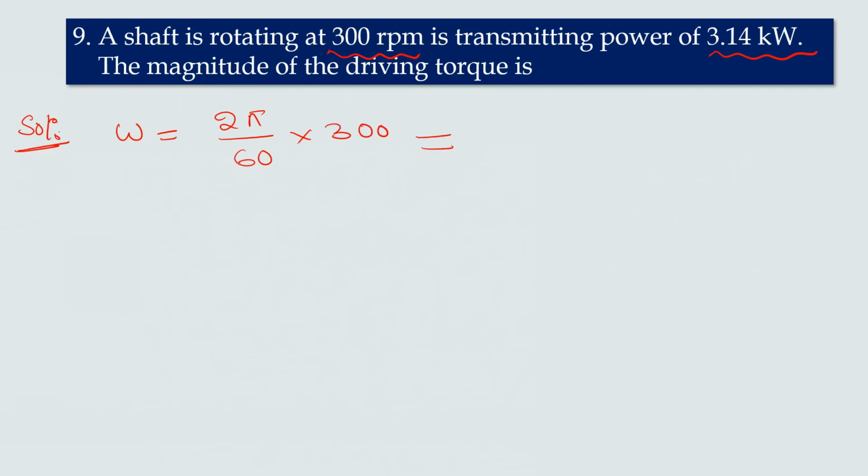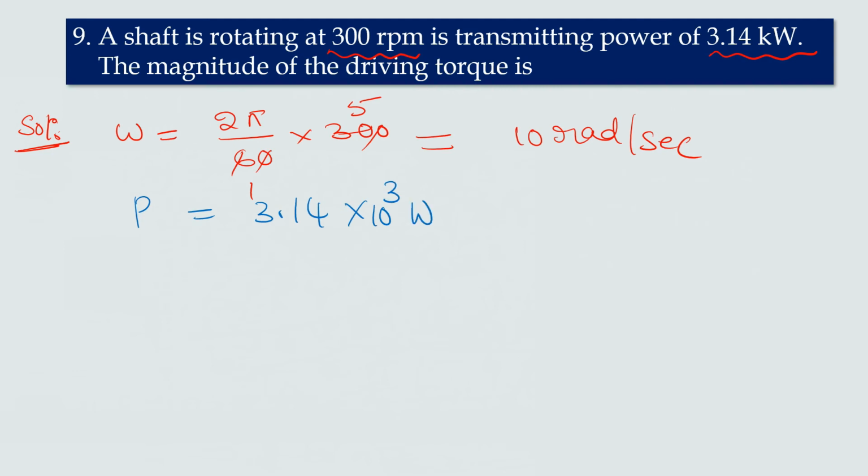So 0 cancels, 6 fives are 30, 5 twos are 10, that is 10 pi radians per second. Power P is equal to 3.14 into 1000, converting kilowatts to watts. So tau is equal to question mark.